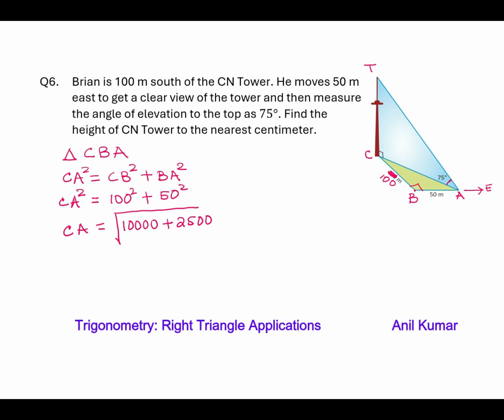The value is 12500, and the square root of this, in decimals, we get CA as equal to 111.8. Let's write 80, since we really want to measure to the nearest centimeter. So we now know that CA is 111.80.